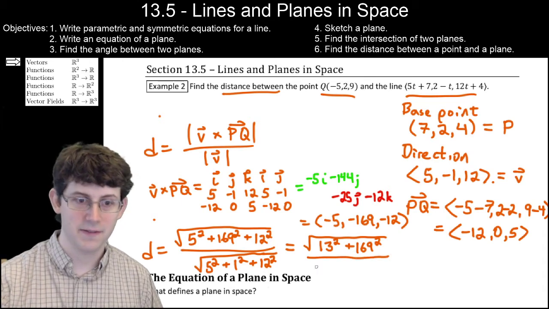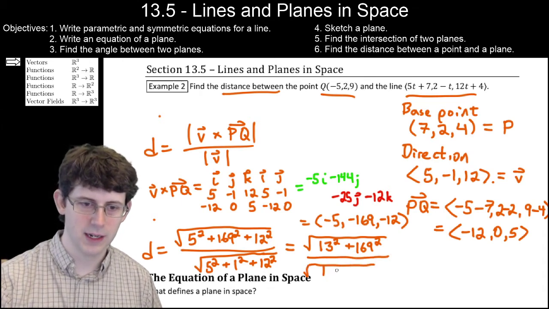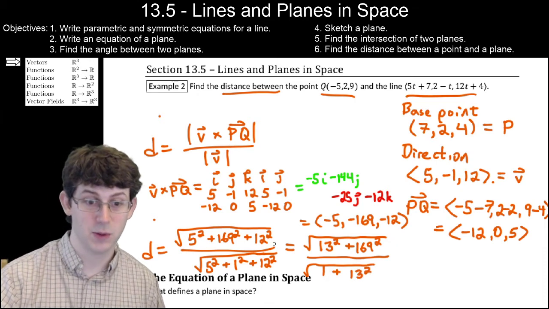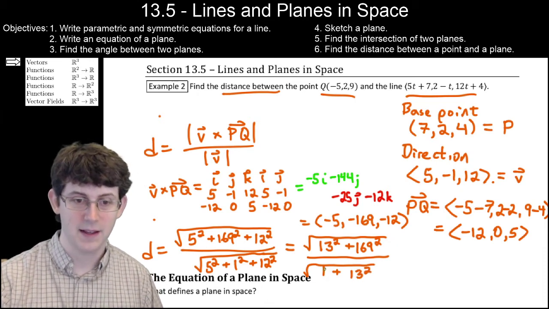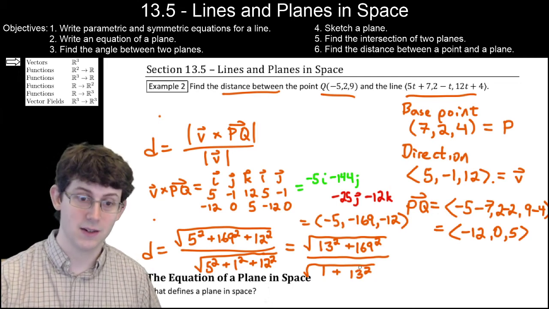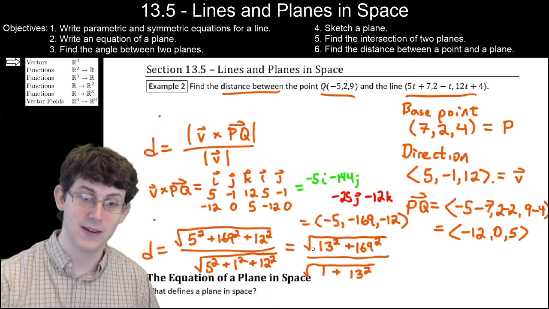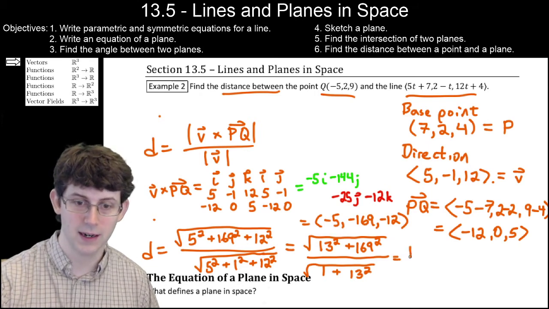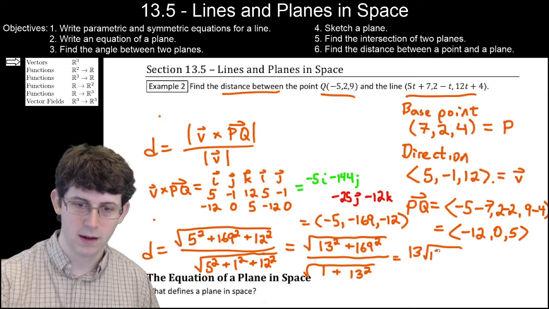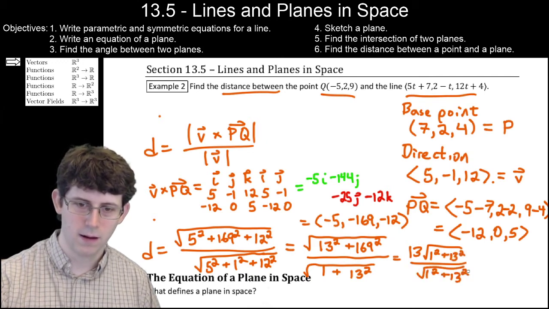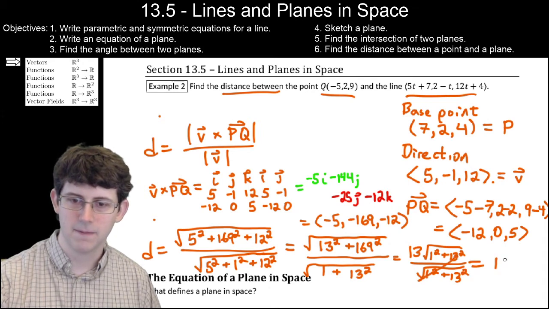Down here, I also have a 5 squared plus a 12 squared, but I'm going to put it this way. So I group together 5 squared plus 12 squared and make it 13 squared. Then I notice that each of these corresponding pieces is 13 times larger than its other one. So I factor out 13 squared from the numerator. So it all cancels and you get 13.